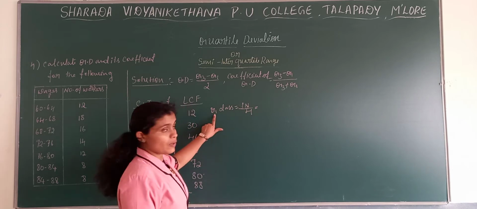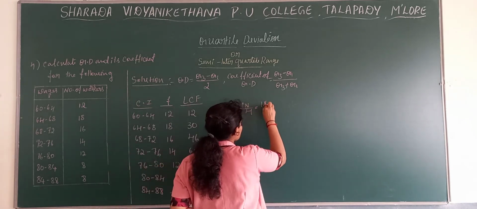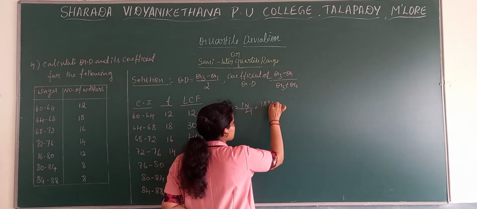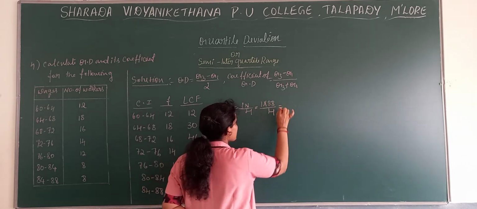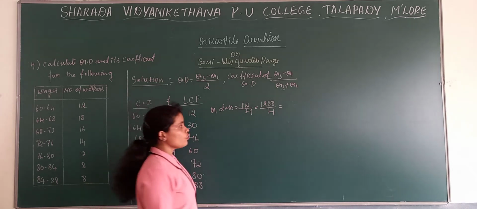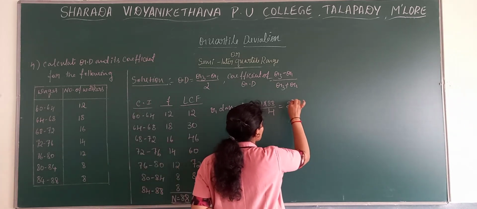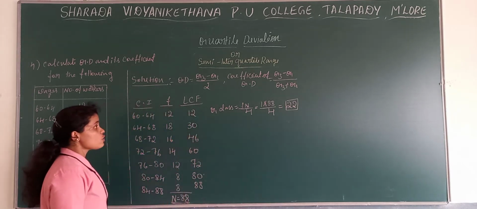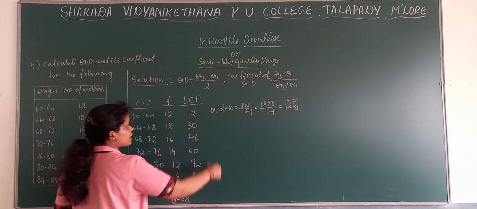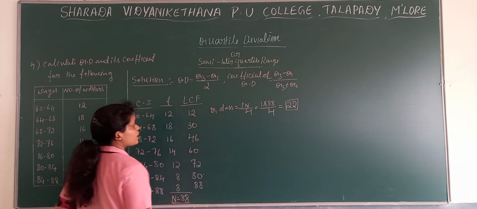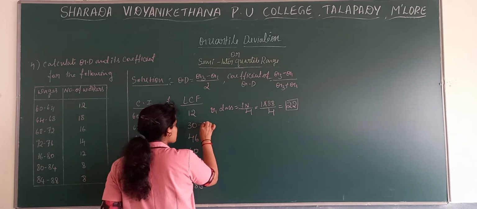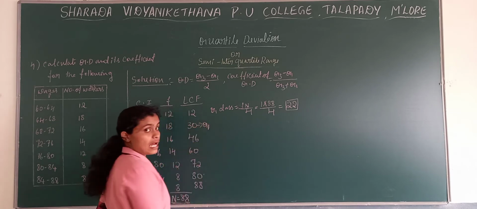Here i is 1, so 1 into n, where n is 88, so 88 by 4 gives 22. This defines the Q1 class. Now see the cumulative frequencies: where does 22 fall? 22 falls under 30. So this is your Q1 class.